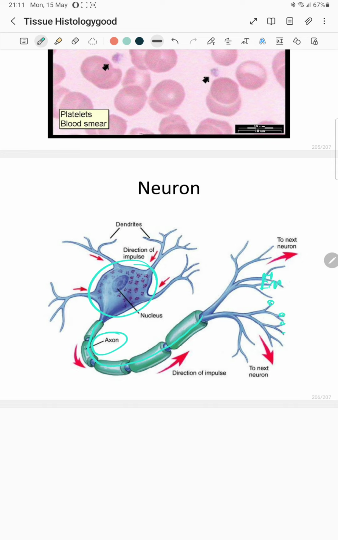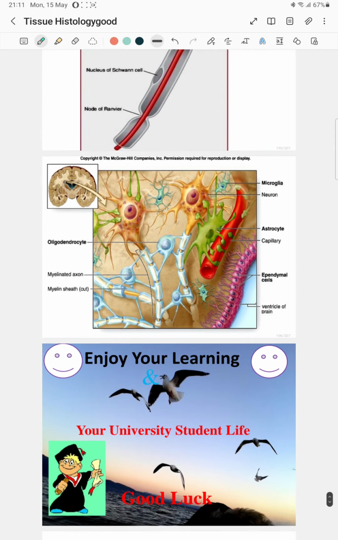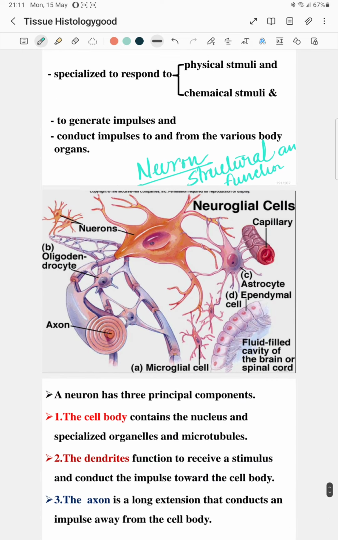The cyton has different projections which we call dendrons. These dendrons have more branches, which we call dendrites. In the detailed diagram you can get it in your book. So that is your nervous system, nervous tissues. You just need to study about the neuron.